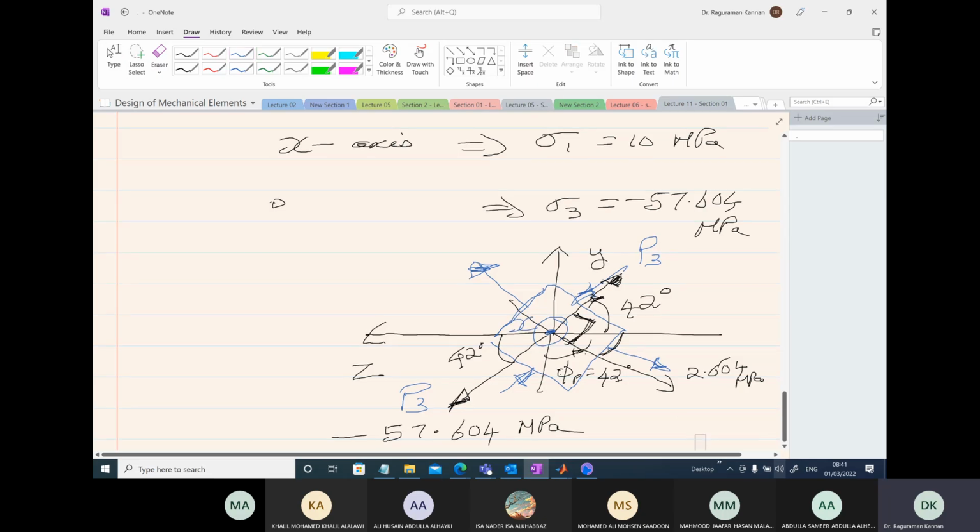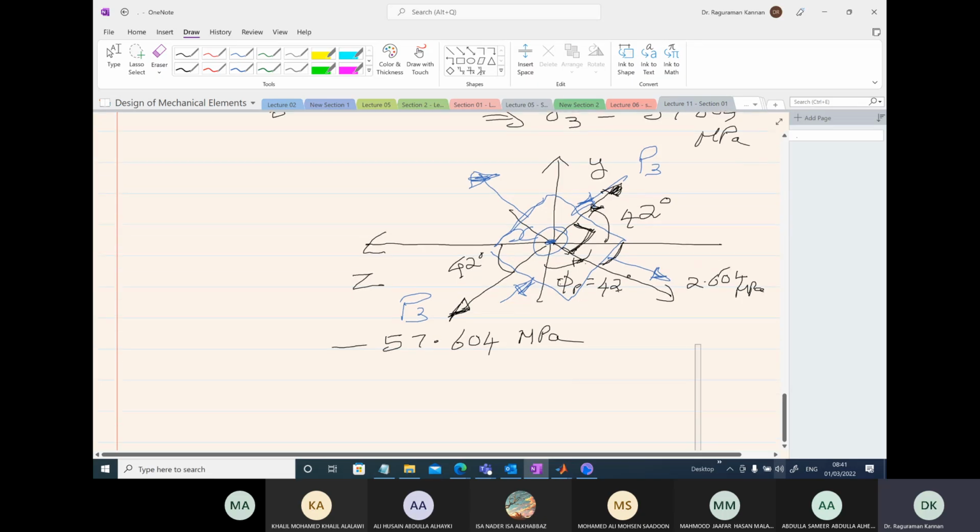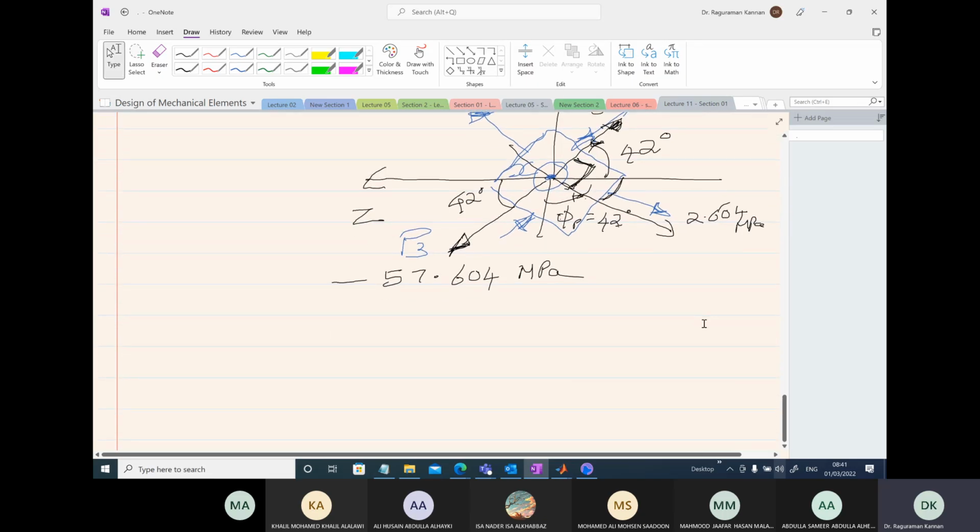Now to represent the maximum shear stress direction, we have to draw a new 2D plane. So first we draw the X-axis, and then we have to draw perpendicular to the X-axis the P3 axis.